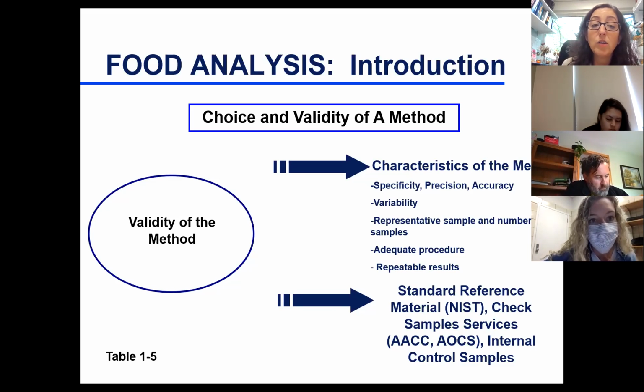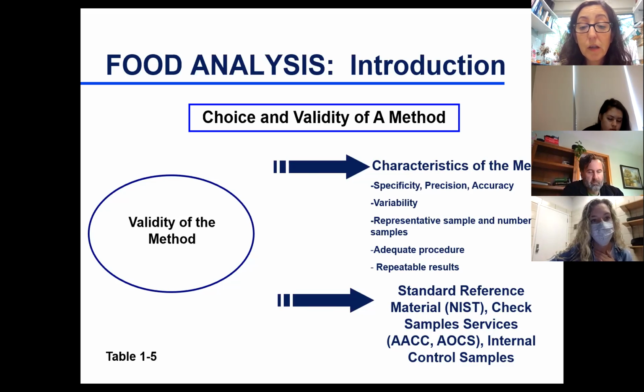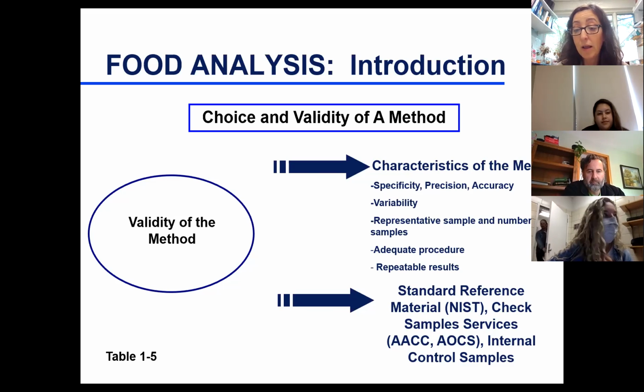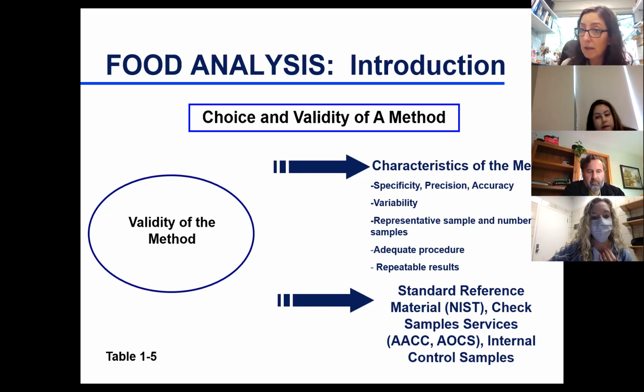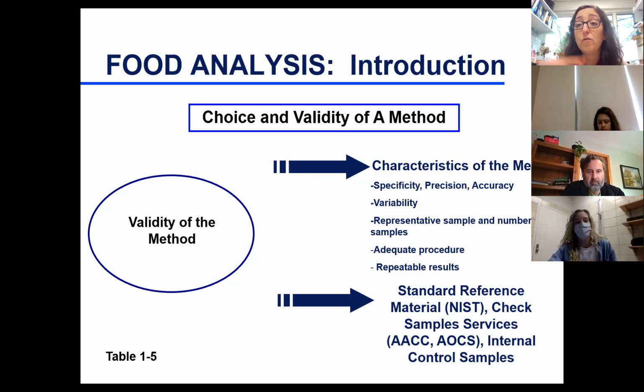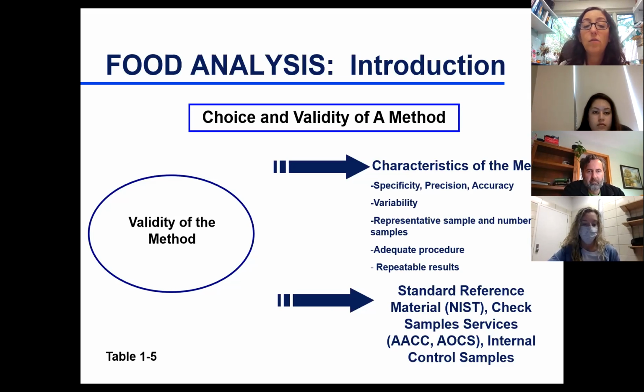So they provide you with a service that way. Or you can have your own internal control samples from the process during production in a plant. You have your own internal samples that you test regularly. If you're testing a new method, you would run those samples that you've run before using a different method and see if you get similar results. So that's another way of validating your method.